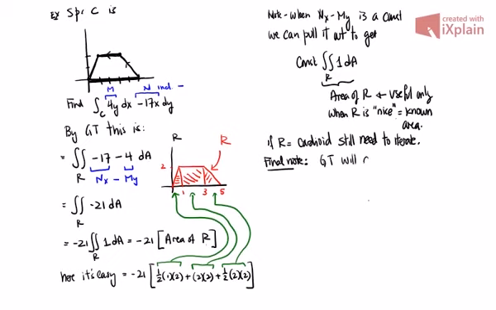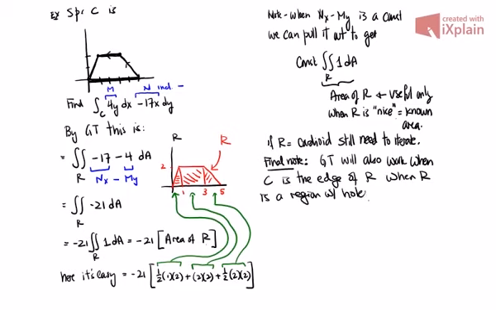Green's theorem will also work, it's going to sound like a mouthful when I say it, when C is the edge of R, when R is a region with holes, as long as the holes have clockwise orientation.